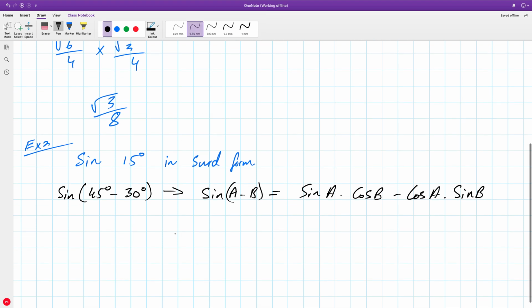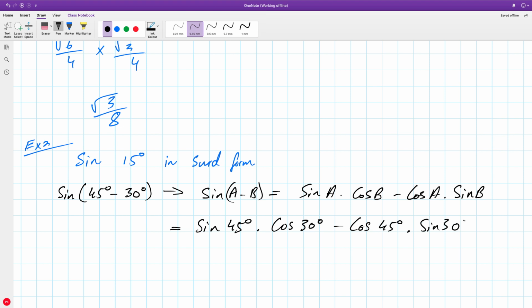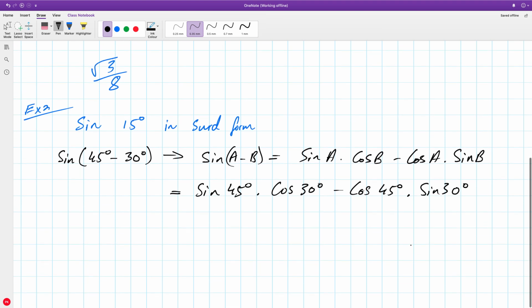So that is equal to the sine of A, which is 45 degrees, by the cos of B, which is the cos of 30 degrees, minus the cos of 45 degrees by the sine of 30 degrees.